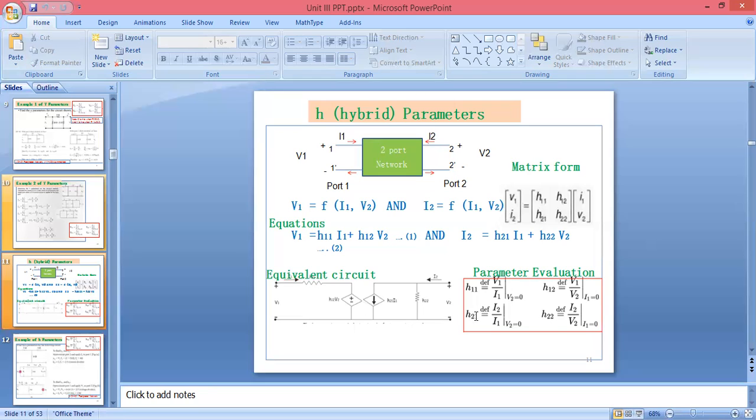To define the value of H21, you are supposed to consider V2 as 0. When you consider V2 as 0, from these equations you will get I2 equal to H21 into I1. Again, if you consider V2 as 0, you will get V1 equal to H11 into I1.